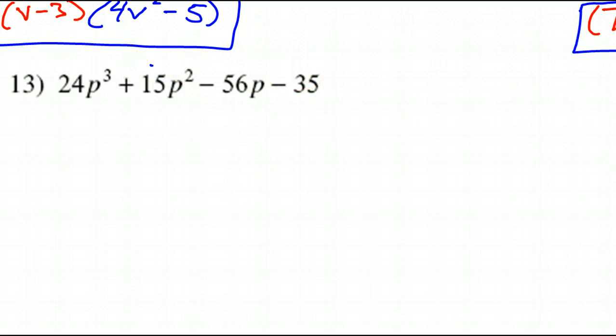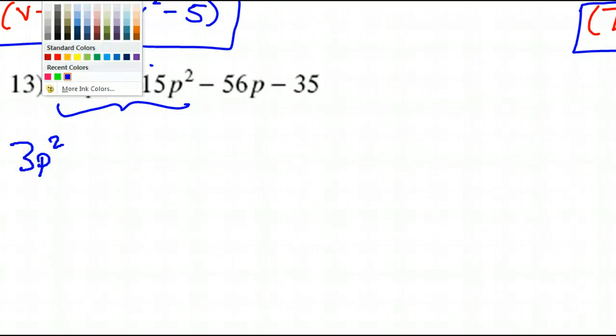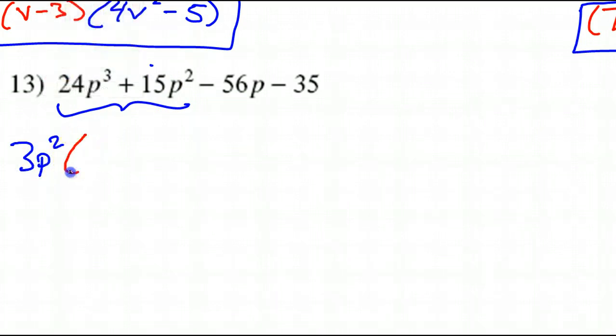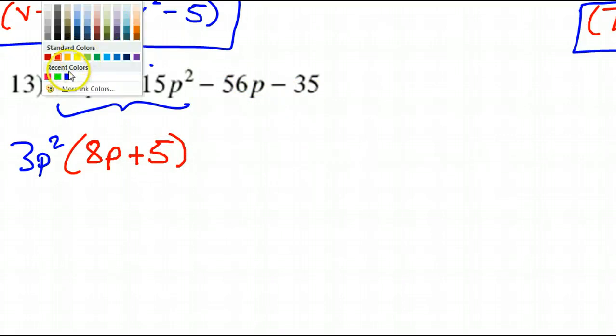So let's just go ahead and do it then. So here we go. Both of these are divisible by 3. So I will pull out 3p squared. That's going to leave behind 8p plus 5.